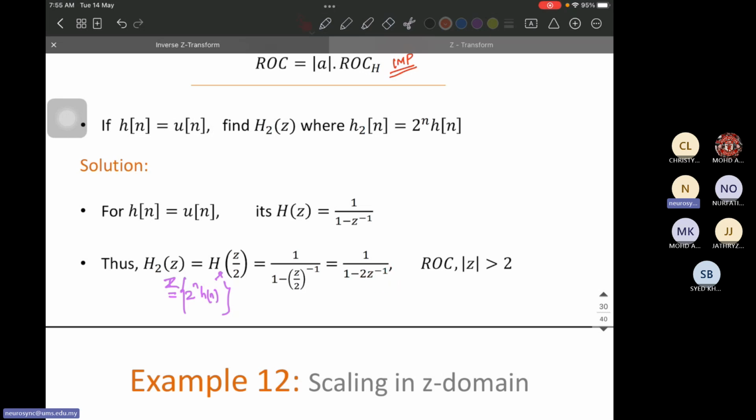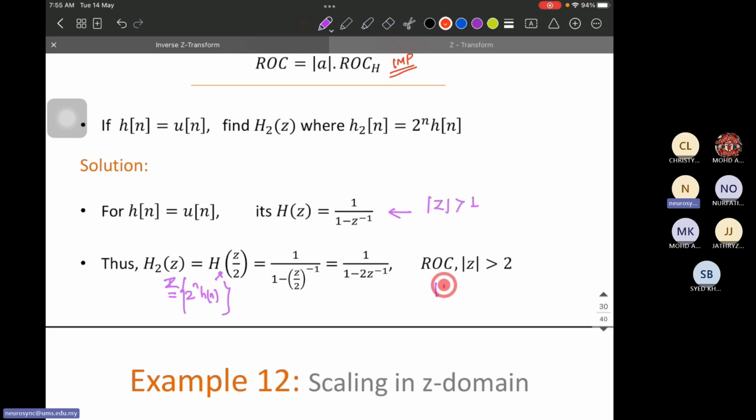Now what will be the ROC for this? The ROC for the original version is modulus of z greater than 1. The ROC will be scaled by 2.